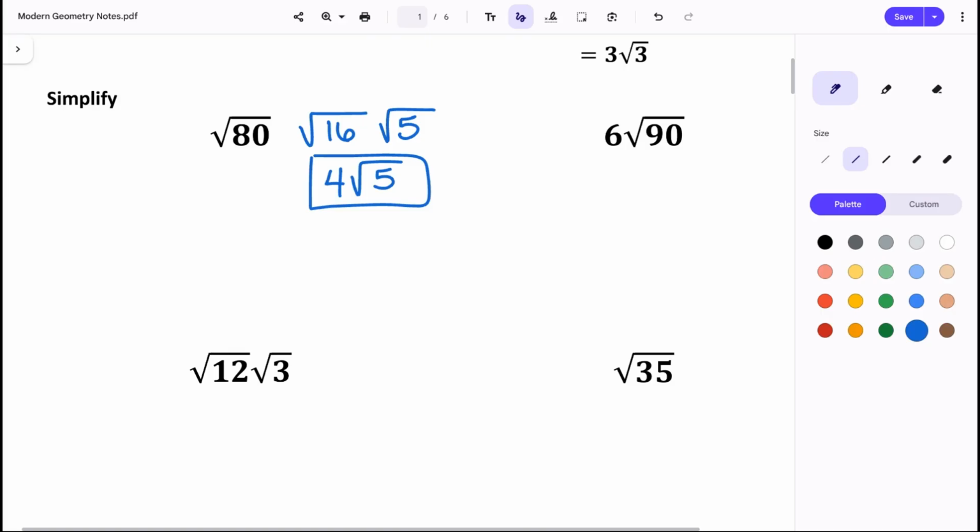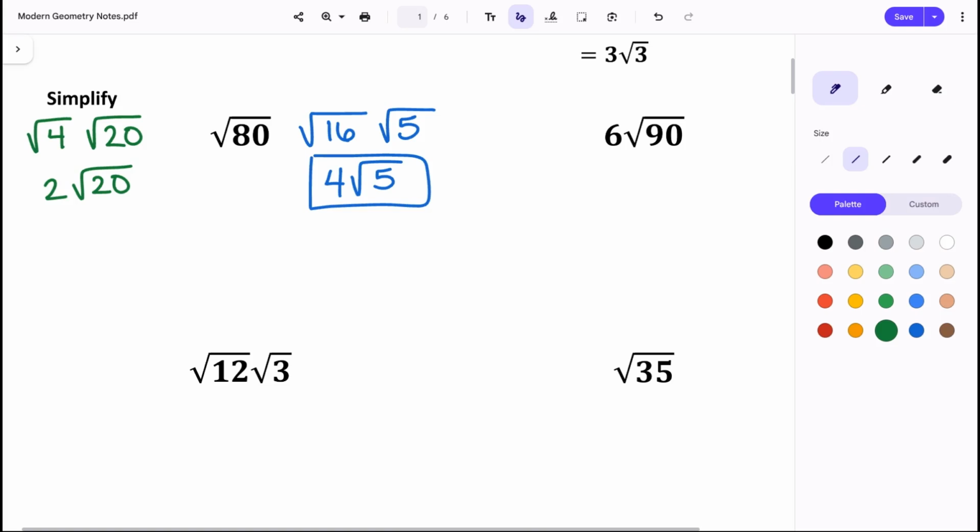I want to back up a second because someone had said originally 4 goes into 80. So I'm going to write that over here. I would have the square root of 4 and the square root of 20 if I used 4 instead. Because that also works. What's the square root of 4? 2. And then that square root of 20 would still be underneath here. But that's not the answer that I got.